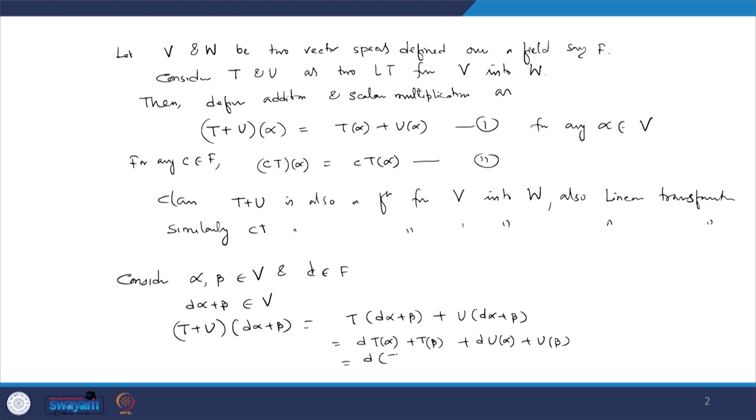I can write d times T of alpha plus U of alpha plus T of beta plus U of beta. This is equal to d times T plus U of alpha plus T plus U of beta.